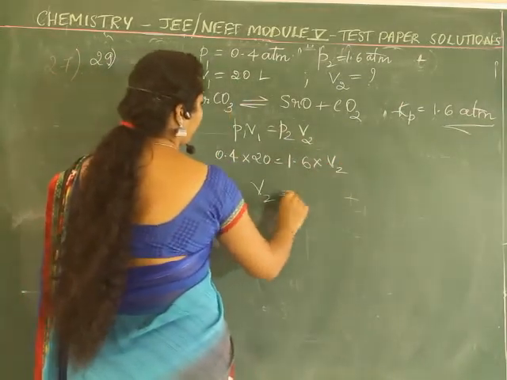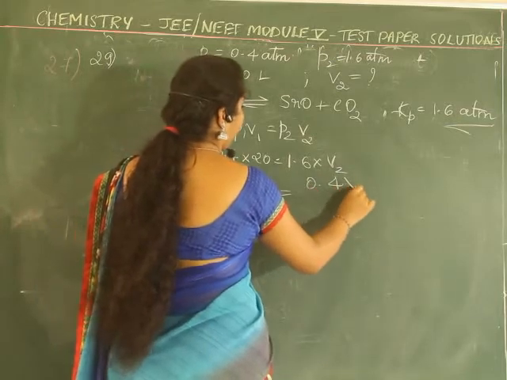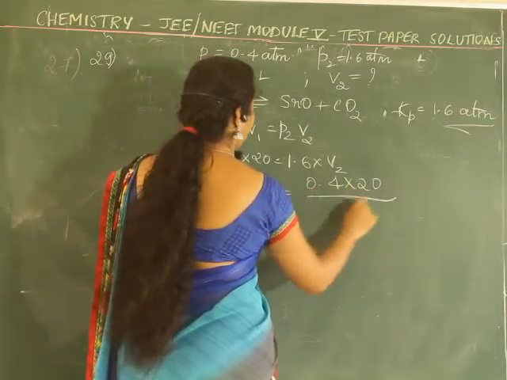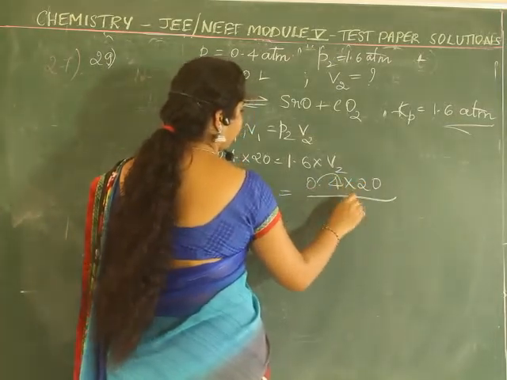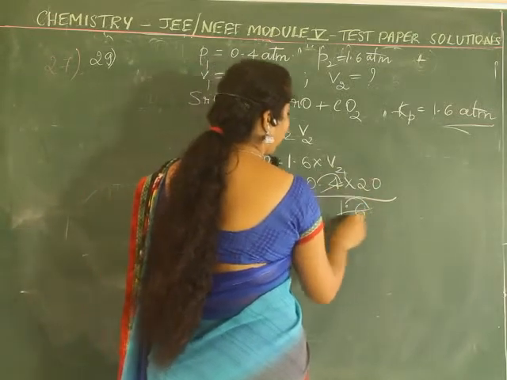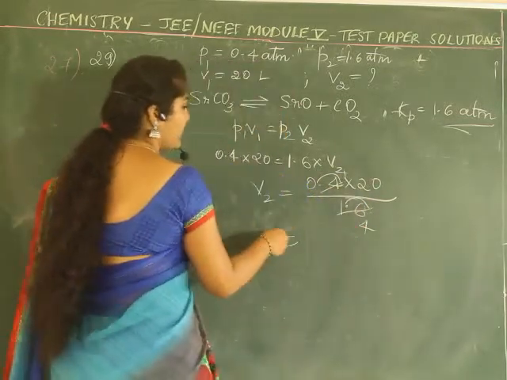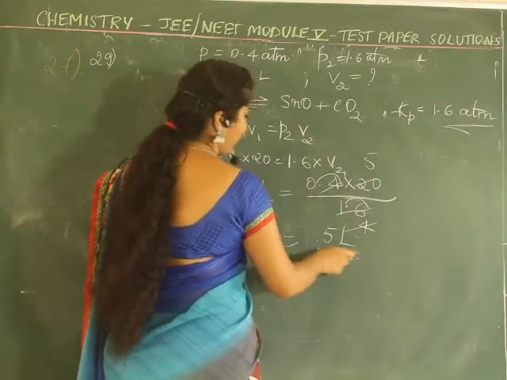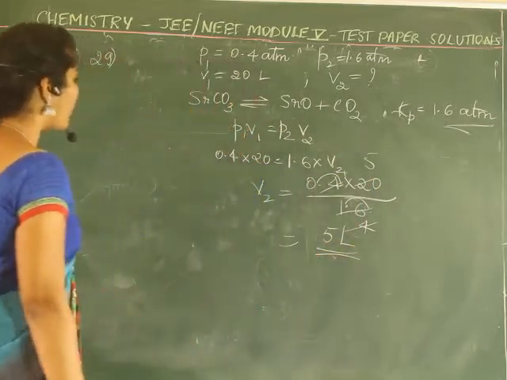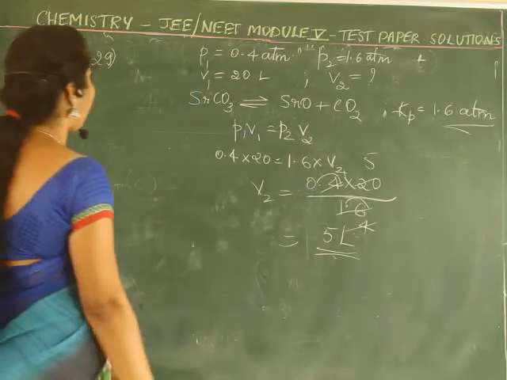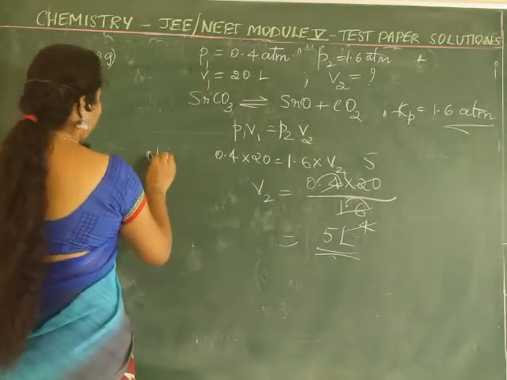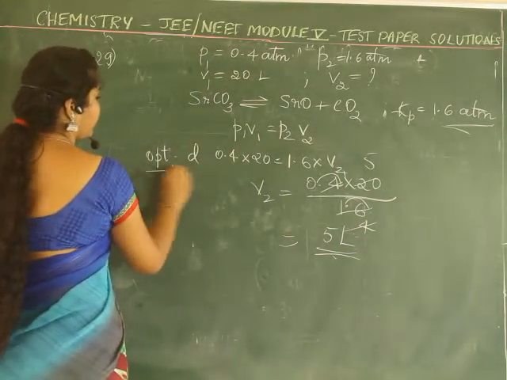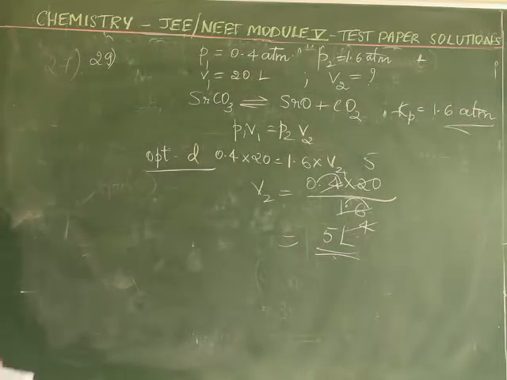Therefore V2 is equal to 0.4 into 20 by 1.6. 4 4s are 16, 4 5s are 20. So it is 5 liters. Option D is 5 liter.